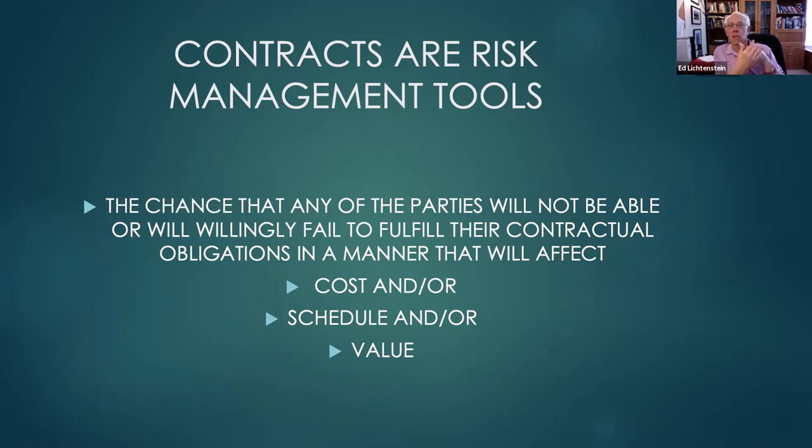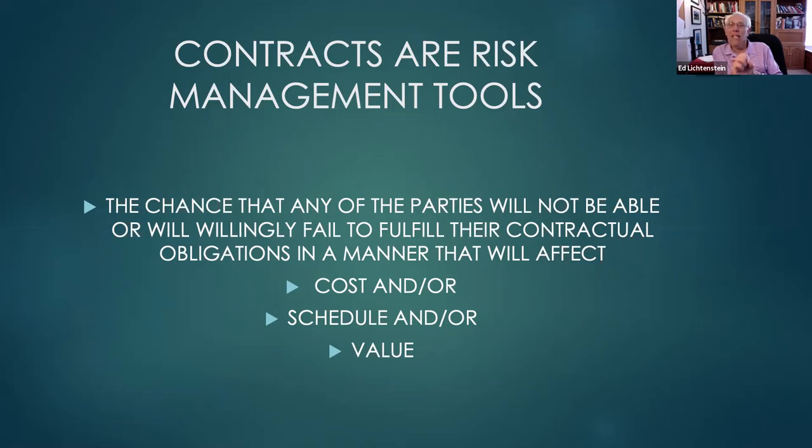And that risk is that something will happen that any one of the parties to that contract may not be able to do, or willingly fails to do because it costs them too much to do it. And that failure will impact the cost, schedule, or value of what's supposed to be done.